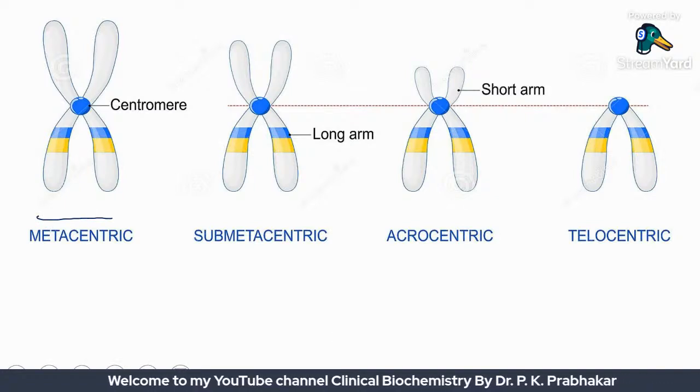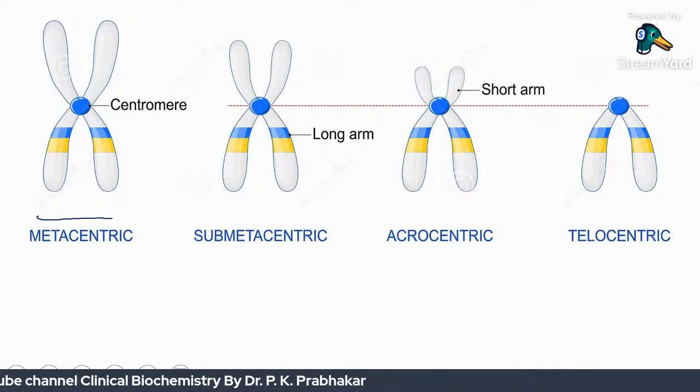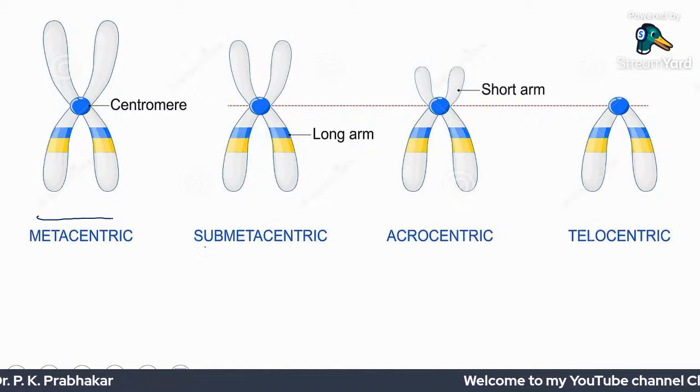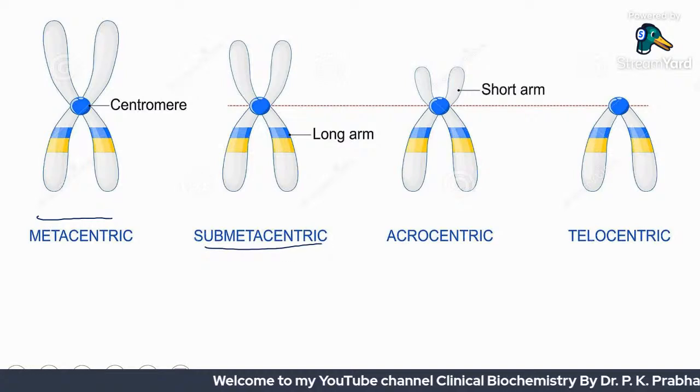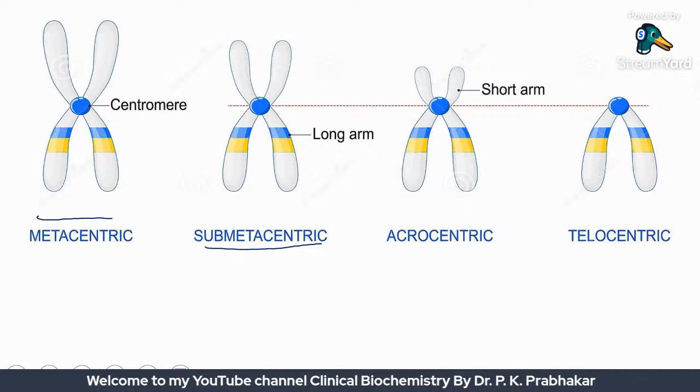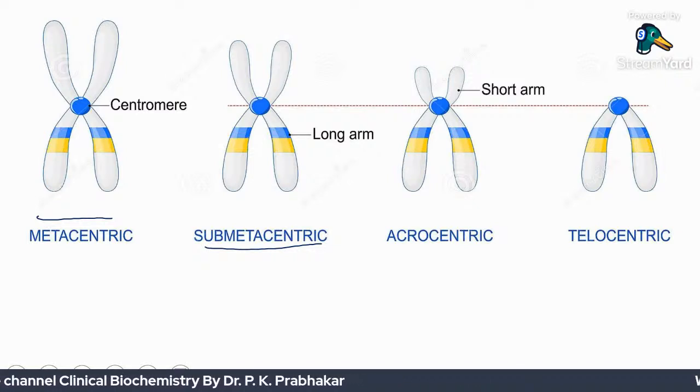If the centromere is not in the center but slightly to one side, so that we have one large arm and one short arm, we call it submetacentric. Acrocentric is when the unequalness is too much, meaning one arm is very short and the other is very long.